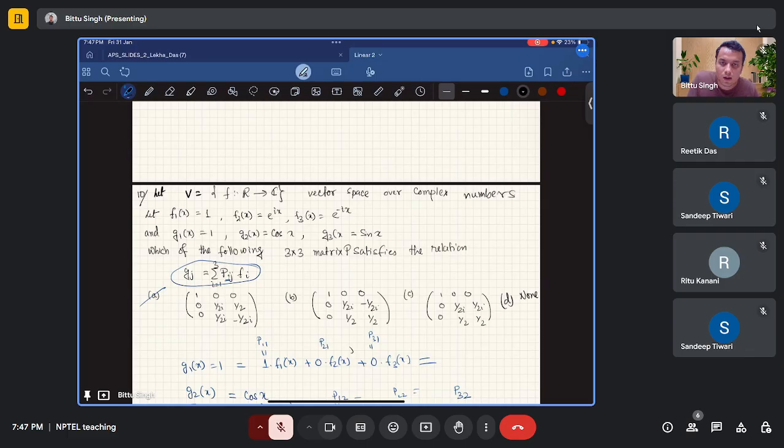Is it clear? This is actually called matrix representation. So there are three vectors, and those can be written as a linear combination of those vectors, and the matrix formed by those coefficients is actually called the matrix representation.